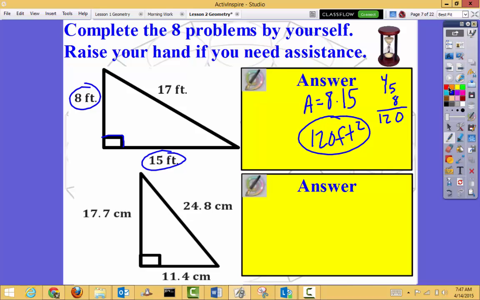My next one, I'm looking for my right angle where it intersects. So it's going to be the sides that have that right angle. So it's going to be 17.7 and 11.4. And I'm just going to multiply them.